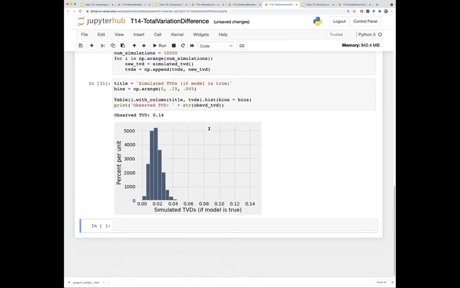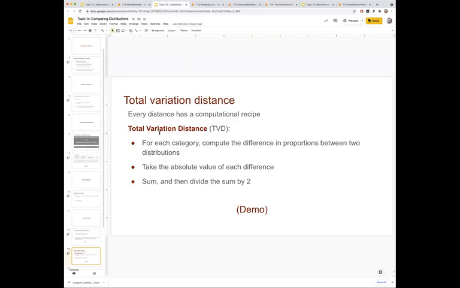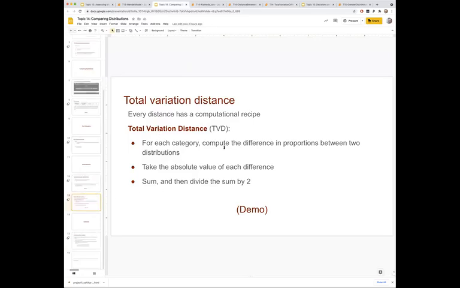You can see, where is 0.14? 0.14 is out here, right? So in this case, it is very, very clear that there is something going on other than pure chance.